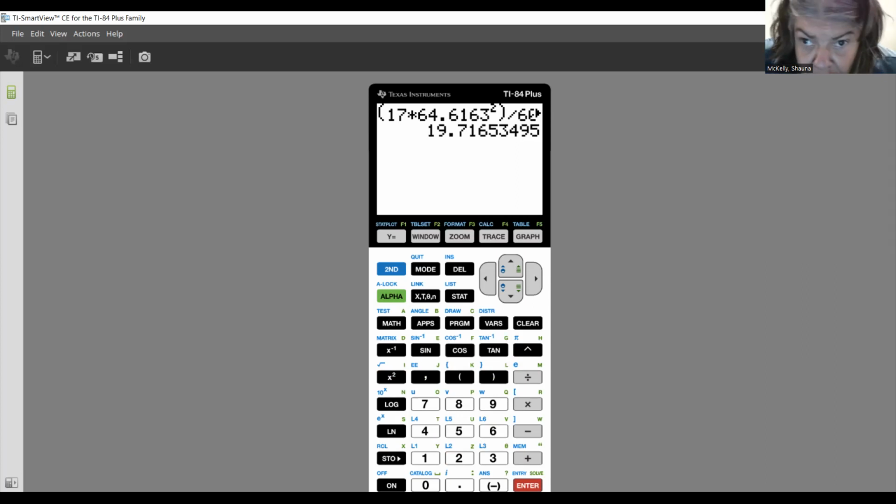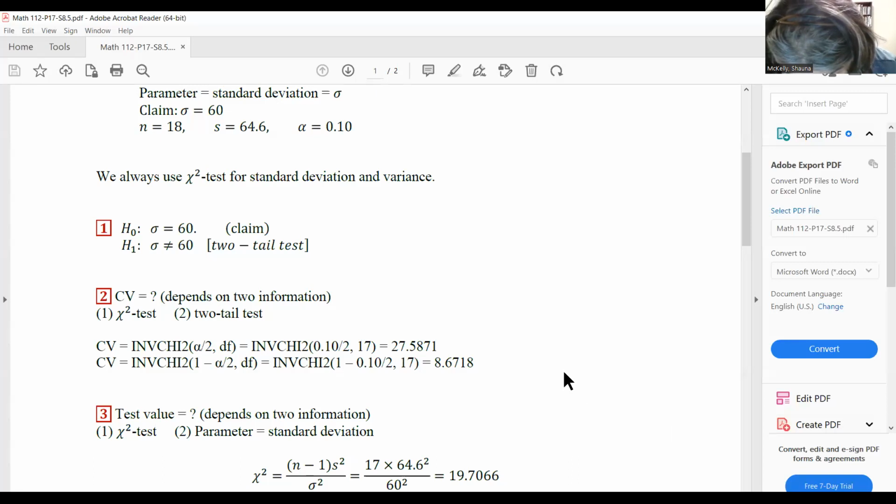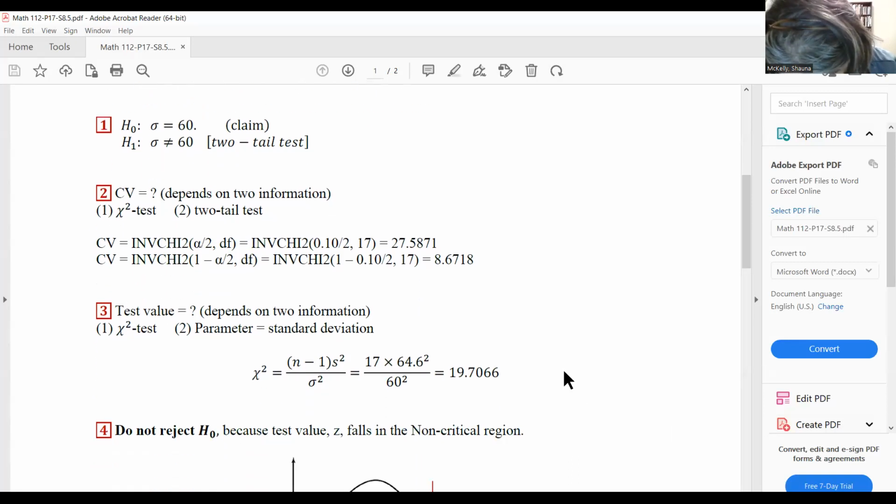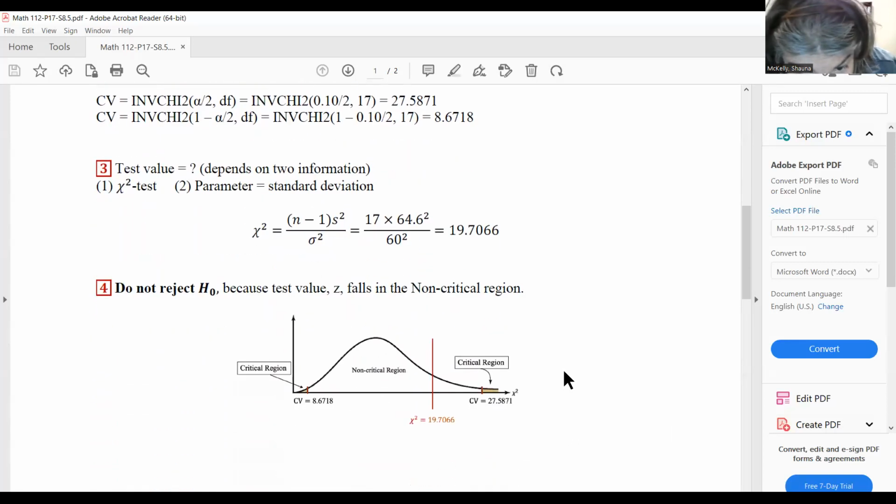Okay, let me go back to this for a moment, catching us up with where we were. I have a little bit different number than she does because I used 4 decimal places on my S. But let's do this.